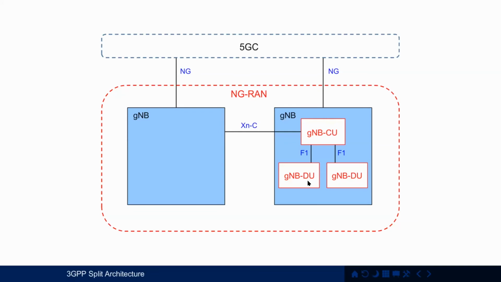So the gNB-DUs can be supplied by one vendor, and they can be connected to the gNB centralized unit, which can be sourced by a completely different vendor. And as mentioned, what we can run in the centralized unit is RRC and PDCP in the control plane. And that could be based on the cloud, so we can actually have those functions virtualized. And then we have an open interface to the DUs, and the DUs will be executing things like radio link control, medium access control, and the physical layer.